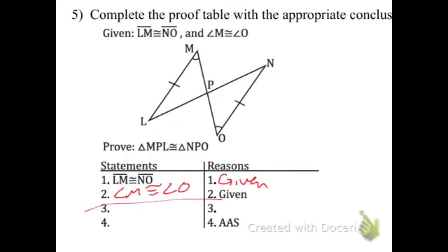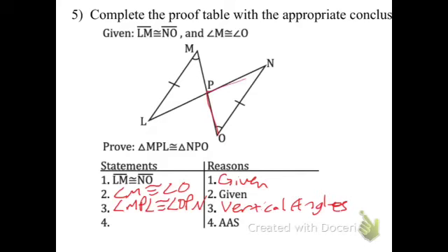And we need to get another conclusion here to get angle angle side. Well, if I look at my figure here, I know that these two angles are congruent because they're vertical angles. And so that's going to be my next one. They're vertical angles. And that's angle MPL to be congruent to OPN.